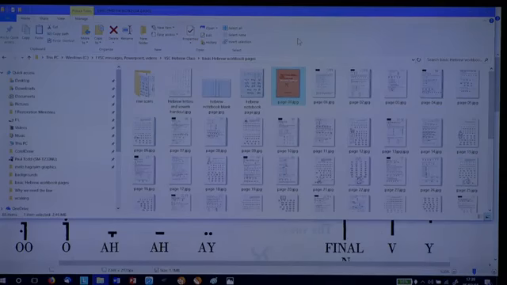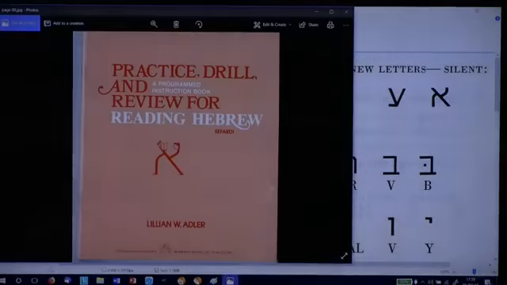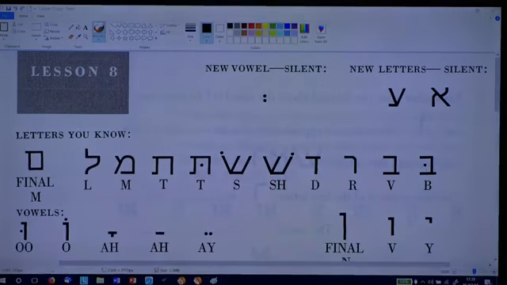We left off in last week's Great Adventure on page 18, so we are now at page 19. At the top of the page, this is lesson 8.